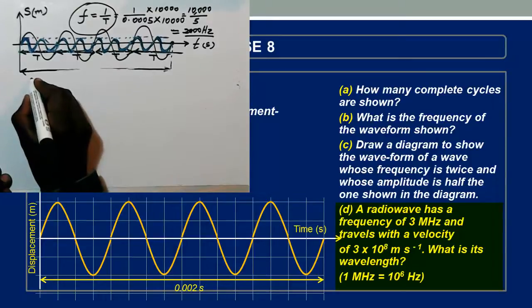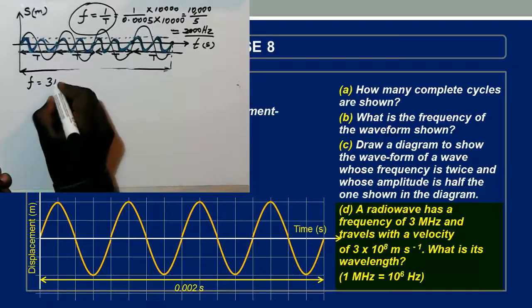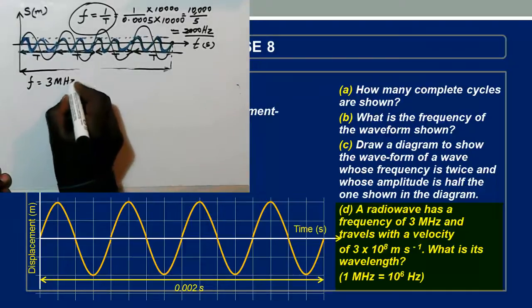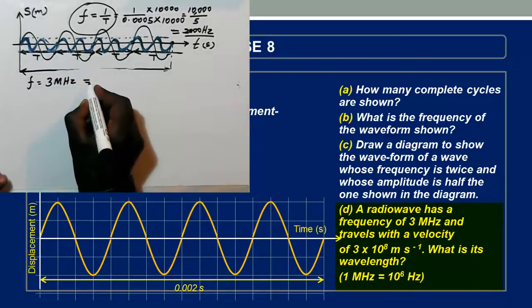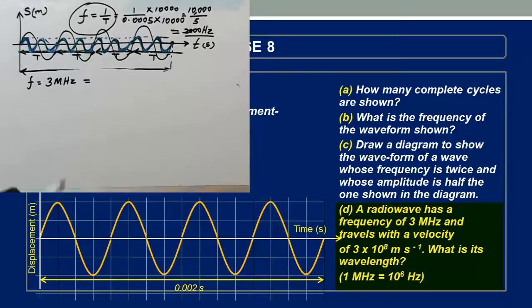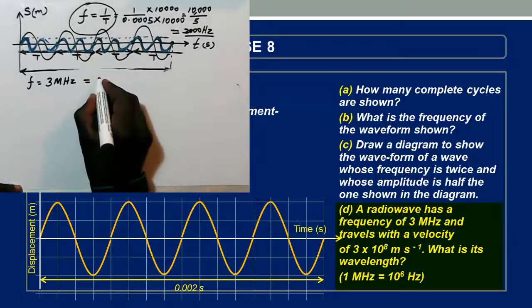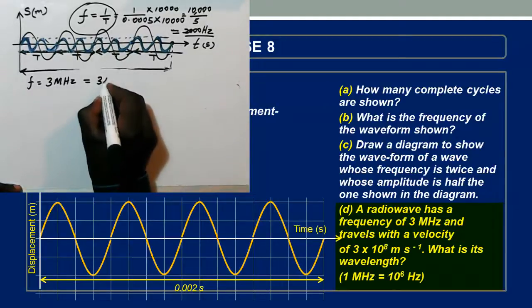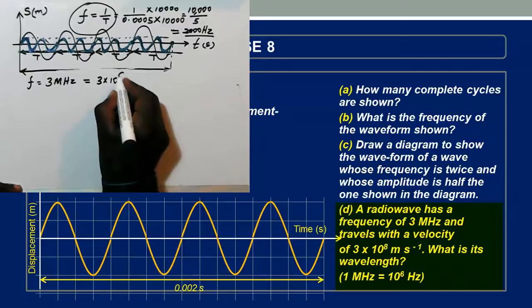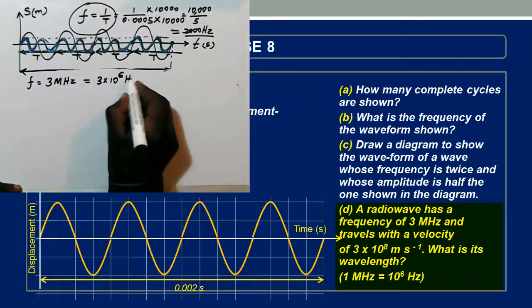So in this part, we are told that the frequency is 3 megahertz. 1 megahertz, we have already been shown that 1 megahertz is 10 raised to power 6 hertz. That is 1 million hertz. So 3 megahertz will be 3 times 10 raised to power 6 hertz.